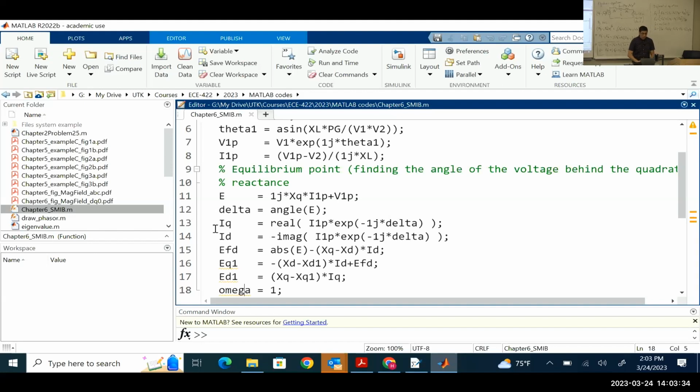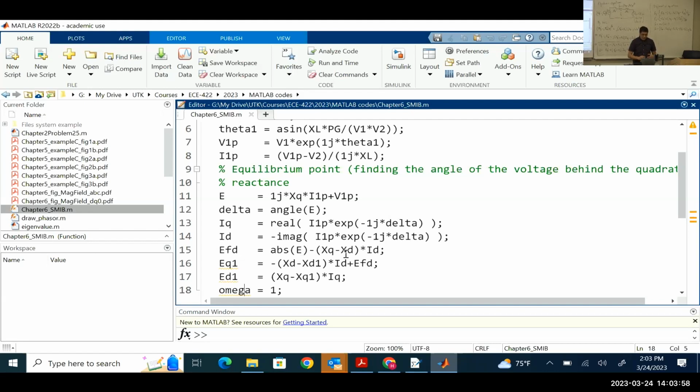When you have that angle, because we have an expression for the current, we solve for IQ and ID. When you have that, then we can determine EFD using the magnitude of the voltage behind the quadrature reactance. We know that this magnitude needs to be equal to EFD plus this voltage drop.